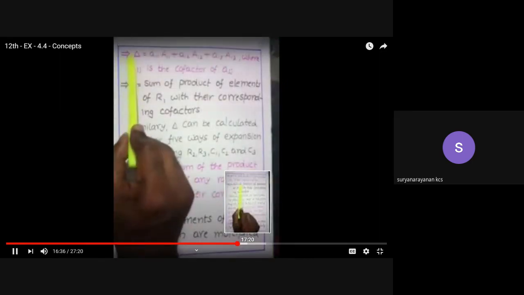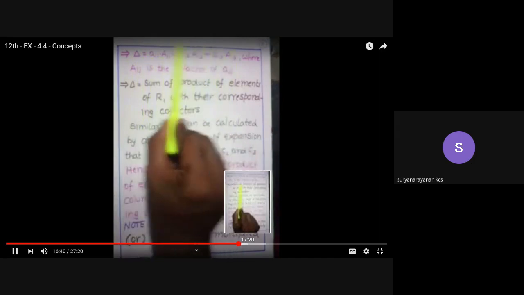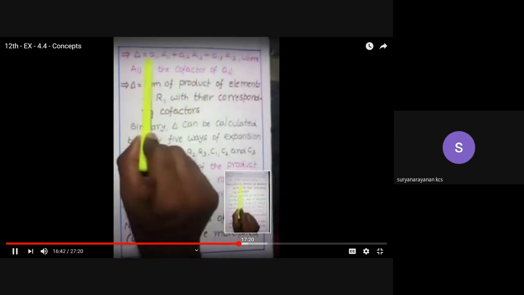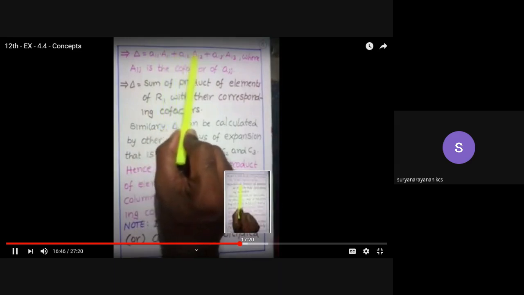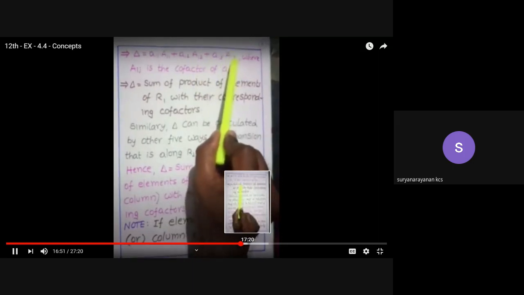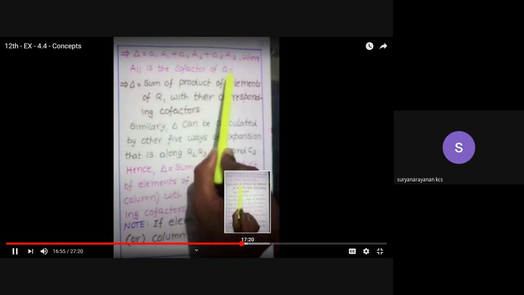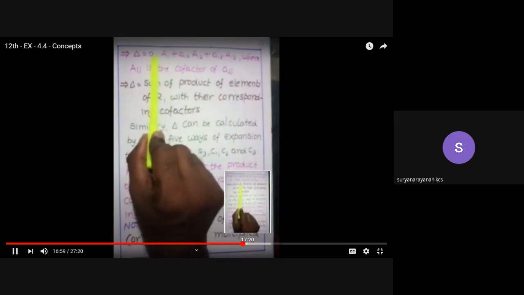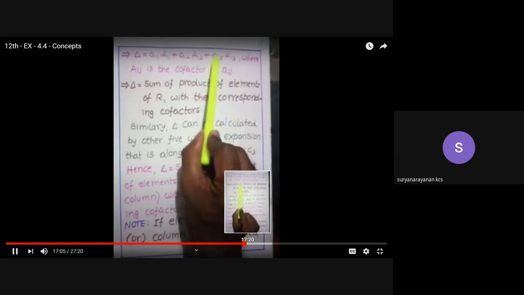This implies delta is equal to the expression in RHS, which can be written as A11 into capital A11 plus A12 into capital A12 plus A13 into capital A13, where capital Aij is the cofactor of element aij. Here capital A11 is the cofactor of element A11, A12 is the cofactor of the element A12, and A13 is the cofactor of element A13.